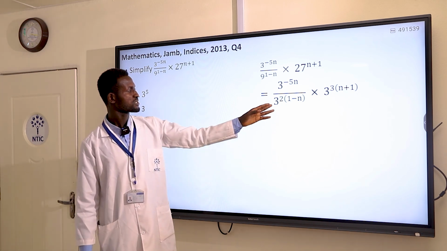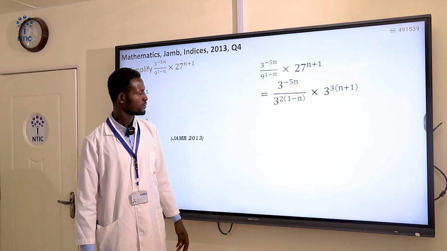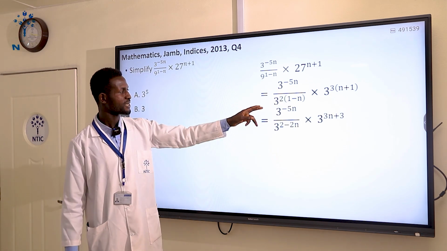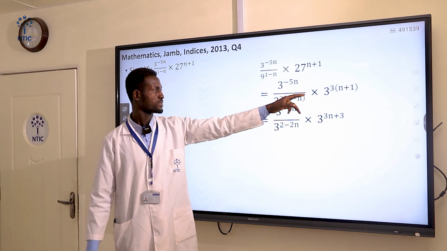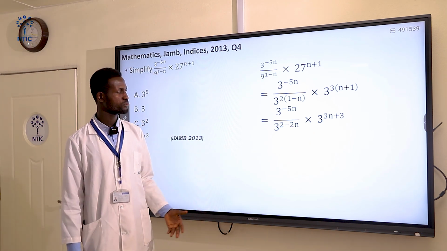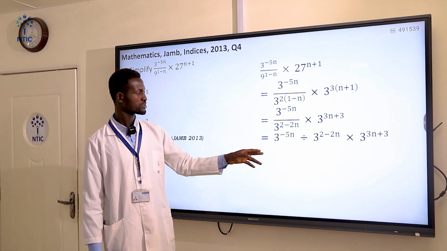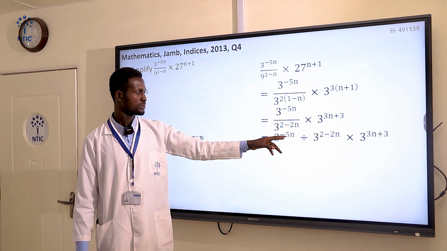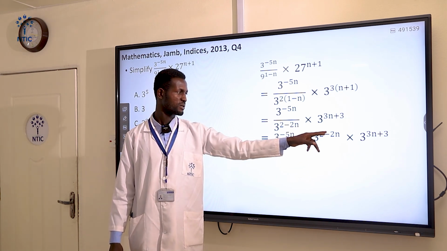So we can clear brackets in each power. After doing that, we get 2 minus 2n and 3n plus 3. Then we apply the necessary laws of indices. We know this is division, so it could also be written like this, then multiplied by.